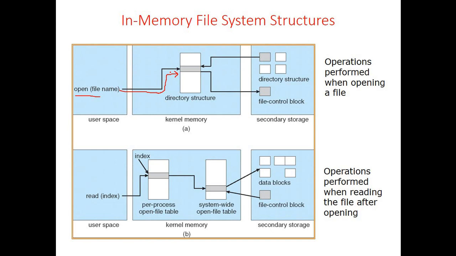Then if it is not opened, the corresponding directory structure of that particular file is identified and brought into the main memory. Once it is brought into the main memory, the directory structure will hold the pointer to the corresponding file control block of that particular file.